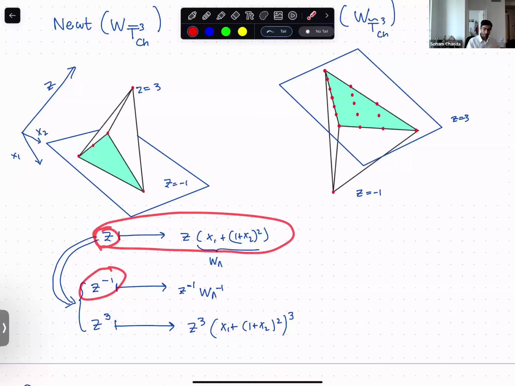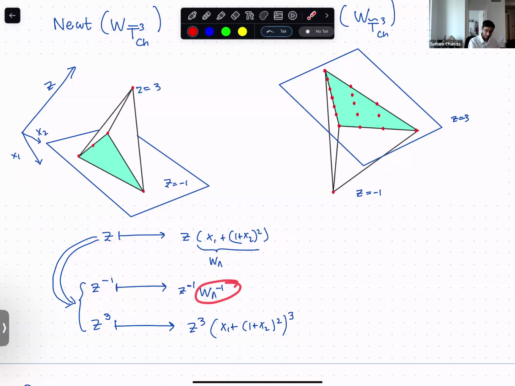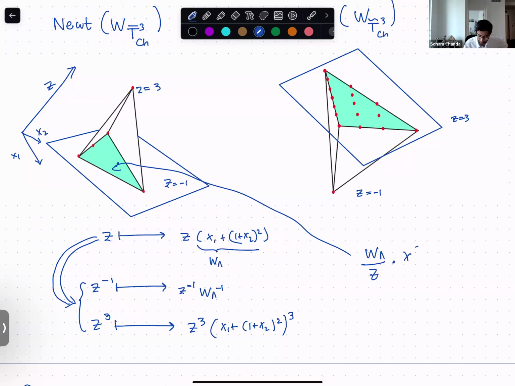I know the transformation will be z goes to z times the augmentation polynomial. Then z inverse would go to z inverse W_lambda inverse. So this triangular face was exactly W_lambda over z times some x1 alpha, x2 beta.